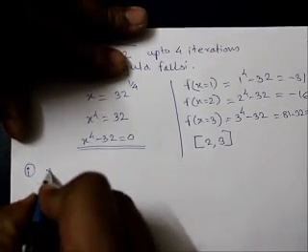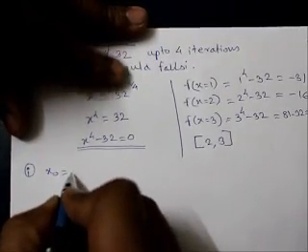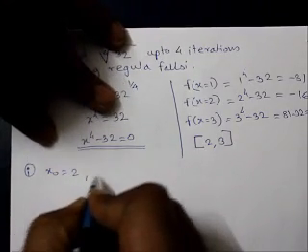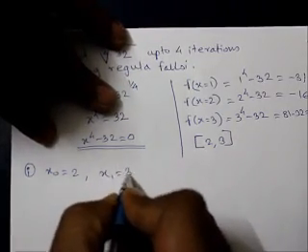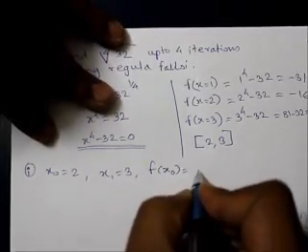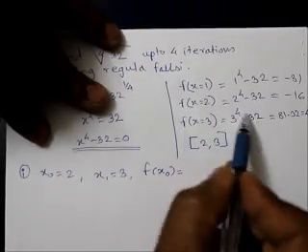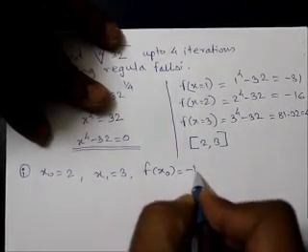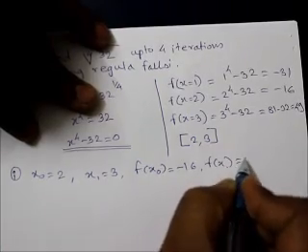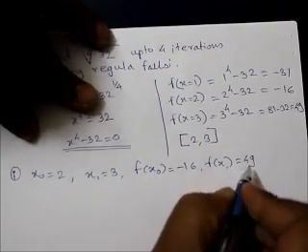here you can see I am clearly mentioning all the facts. x0 is equal to 2, x1 is equal to 3, f(x0) is equal to minus 16, f(x1) is equal to 49.